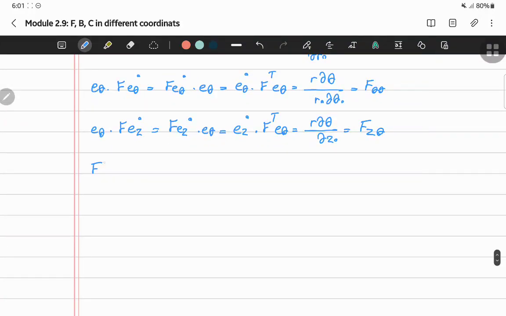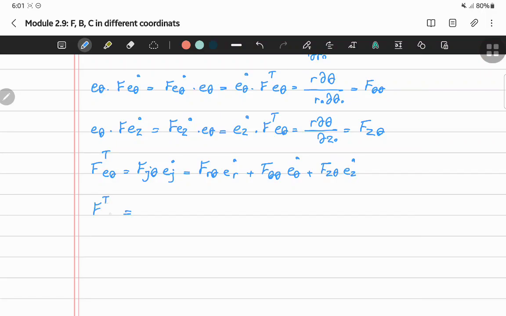Therefore, F transpose E theta can be written as F R theta E R plus F theta theta E theta plus F Z theta E Z, in the current configuration. So this is in the reference configuration.